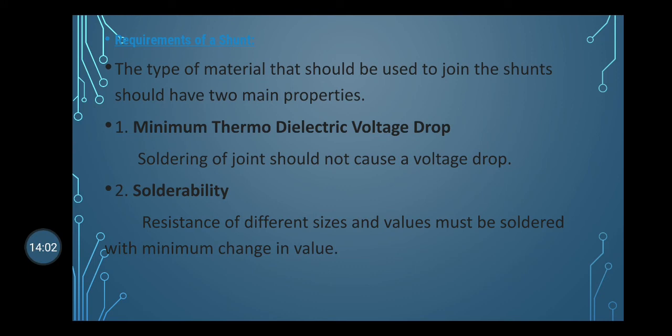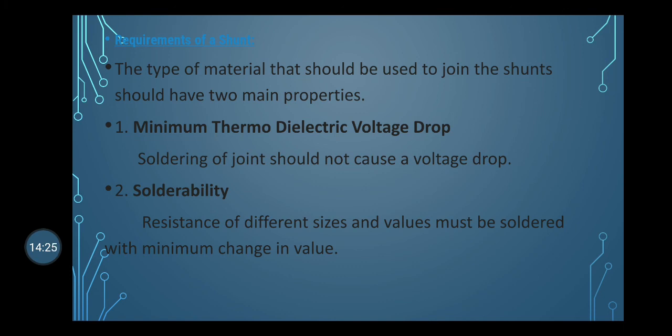Now, the requirement of a shunt, the shunt which we are going to place across the meter. The material should have different properties. The first property is the minimum thermodielectric voltage drop.